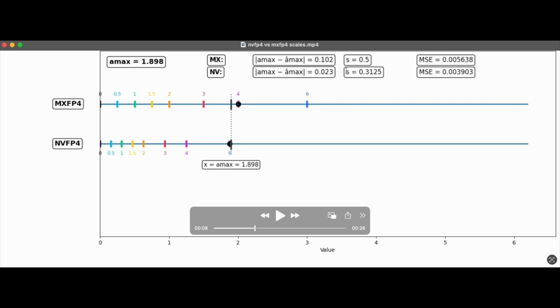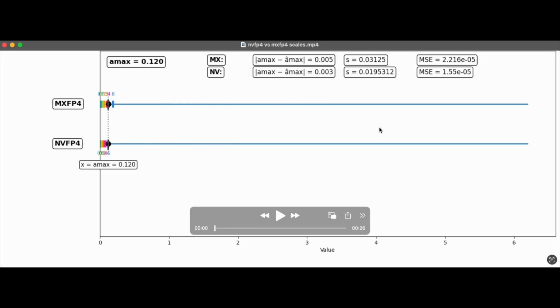The scale factor for MX is 0.5, while NV again chooses a much finer value of 0.3125. The same behavior appears again. In the NV case, the maximum value maps to the highest centroid, whereas in MX, the top centroid is once again unavailable. This happens because the MX scale factor has to wait until the input grows enough for the next power of 2 step. Now let's run a full sweep.